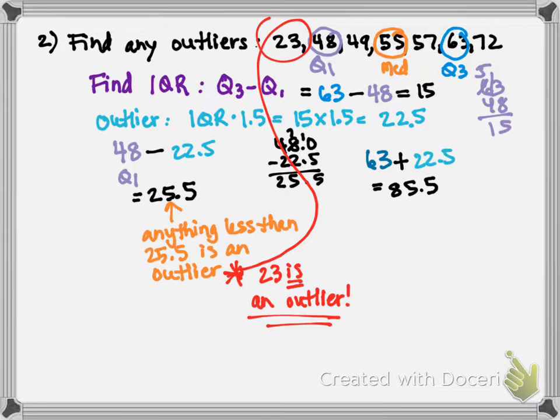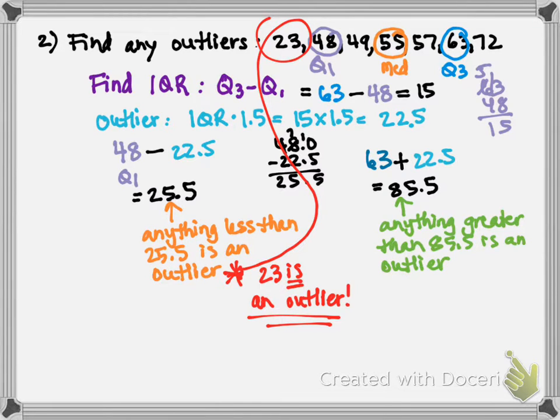So what that says is anything greater than 85.5 is an outlier. We look at our set of data, and the greatest number that we have is 73, so we don't have an outlier that's above our quartile 3. So on this side, there's none. So none on the right.